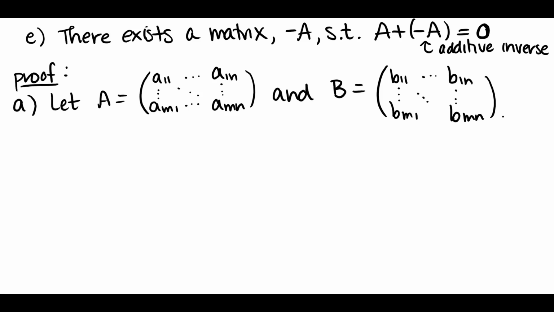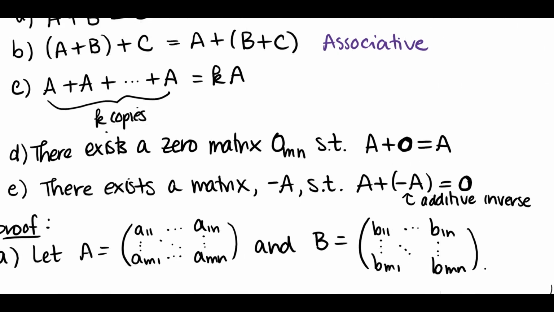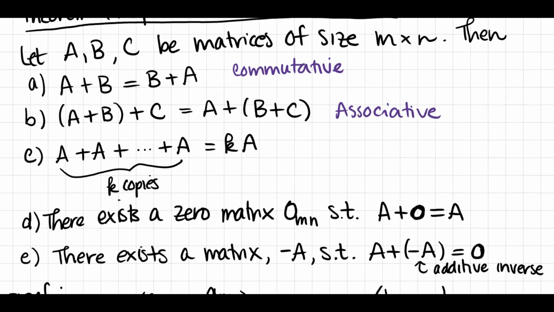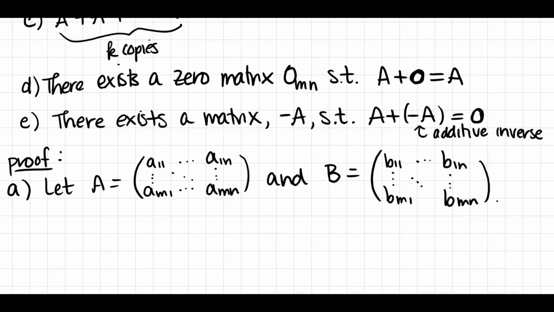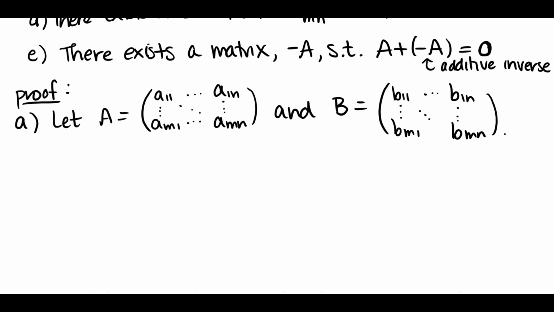So what do I want to show? Remember, if we're going to prove something, and in this class we're going to prove stuff, so you're going to have to get used to that a bit. What am I going to show? I want to show that this is true. But you have to make sure you start off with one side and then show that it equals the other. So I'm going to start off with the left-hand side. It really doesn't matter which side I start with, just need to pick one of those sides.